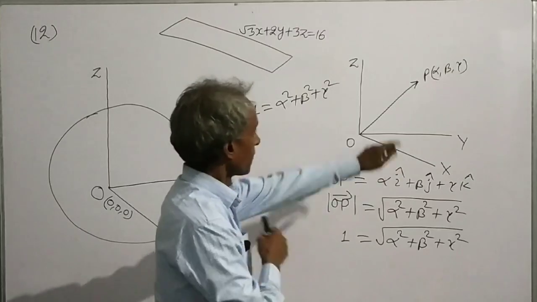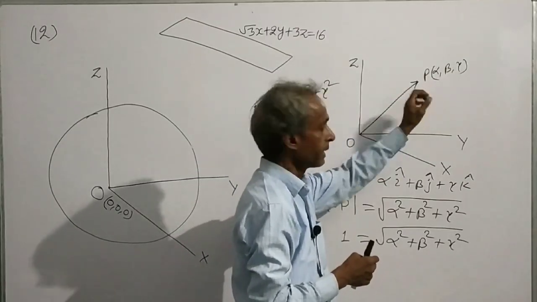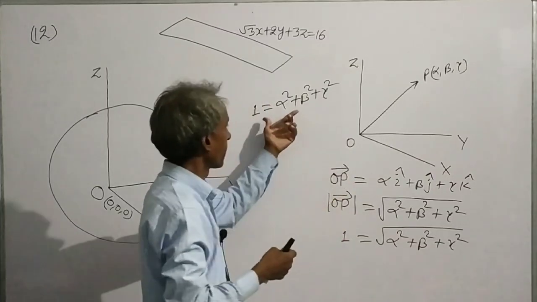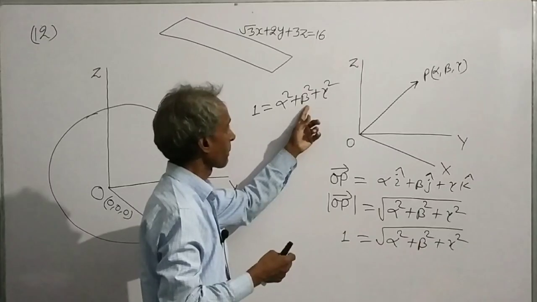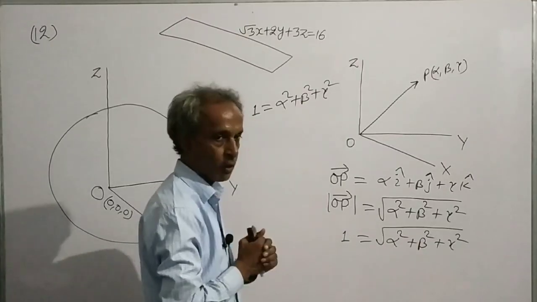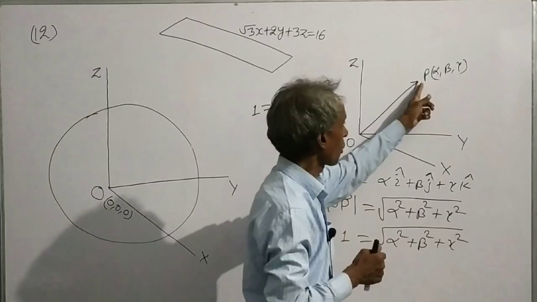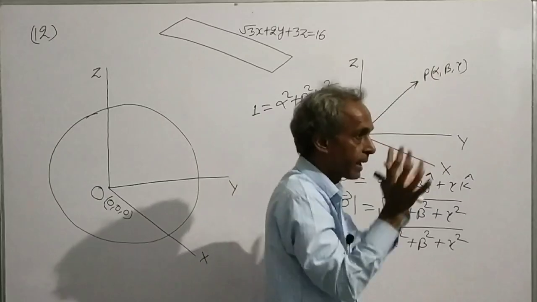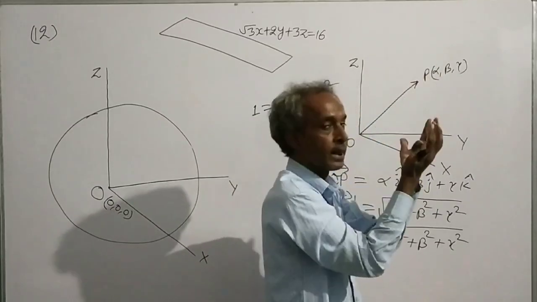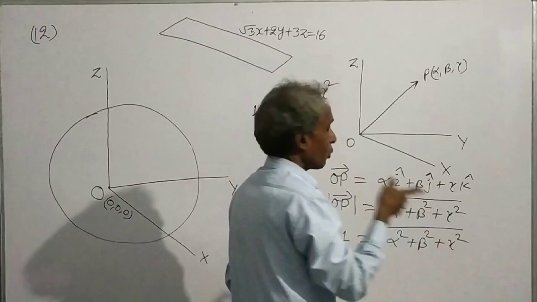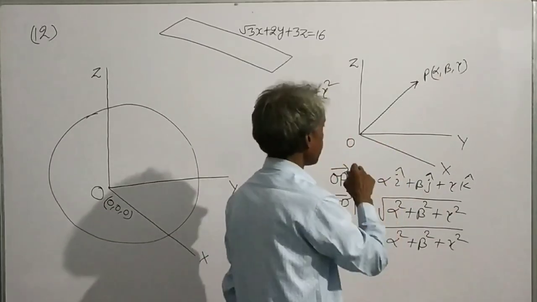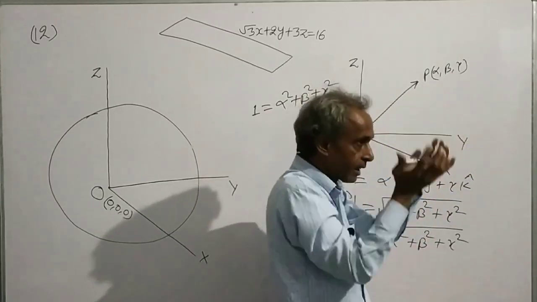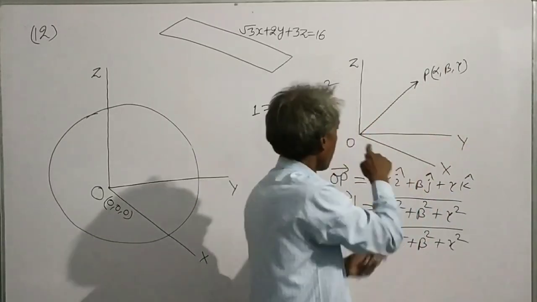That means if any point P in a space moves by following the condition that alpha square plus beta square plus gamma square is equal to 1, then the locus of this moving point P will be the surface of a sphere, like a football, whose radius is 1 unit and whose center lies on the origin.